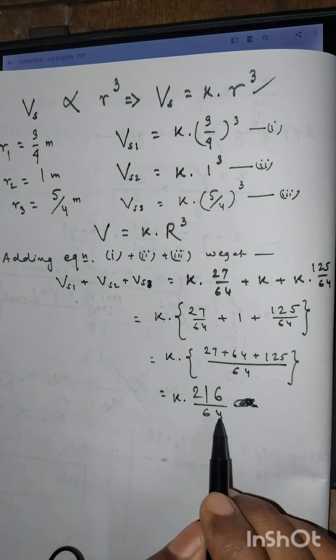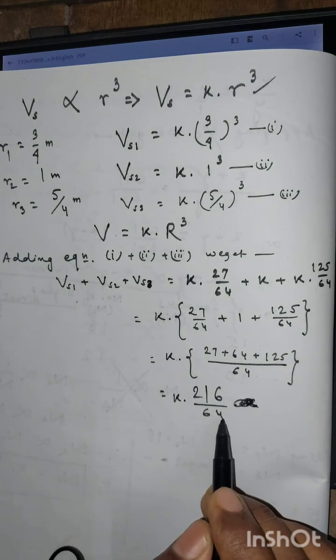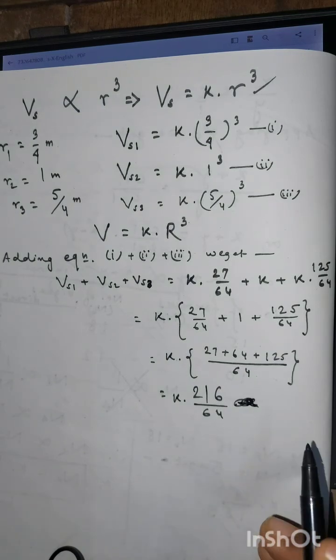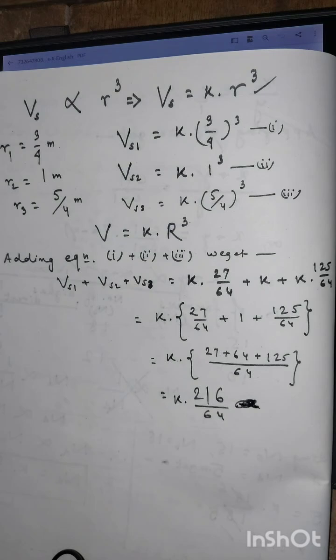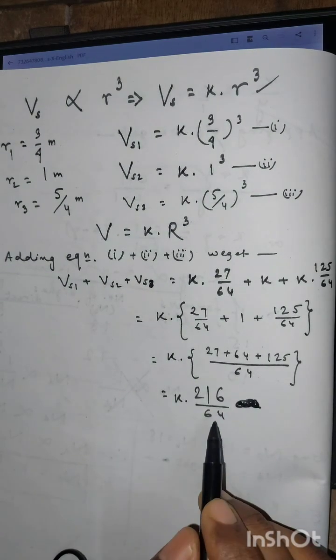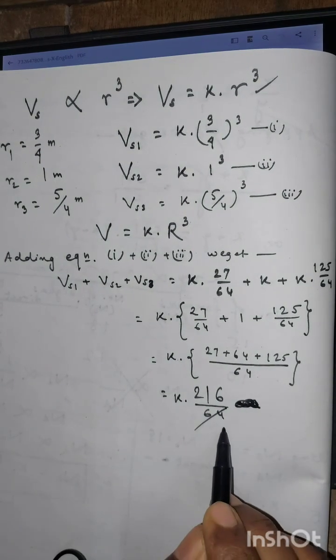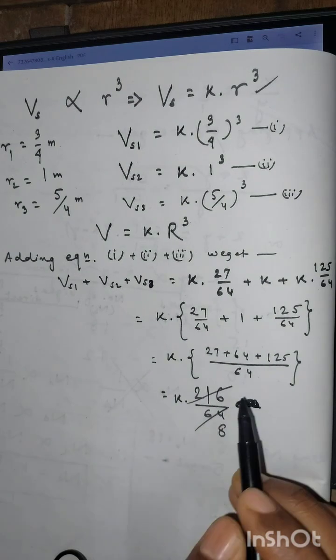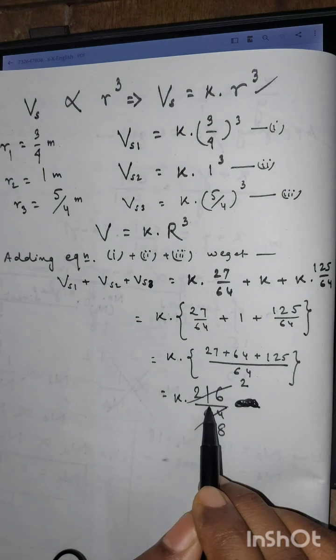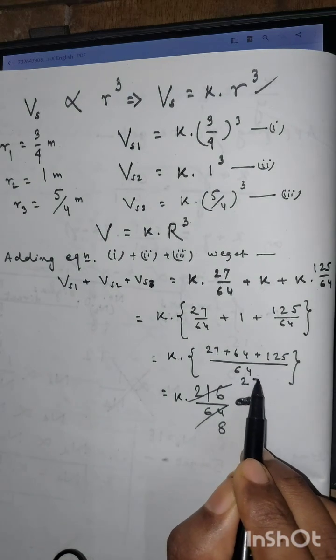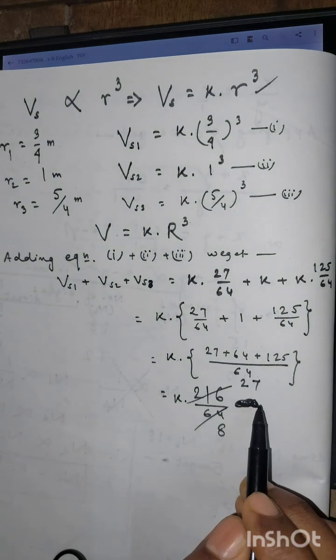Now if we cancel these things, we get 8 8s are 64, 8 2s are 16, 7 8s are 56.